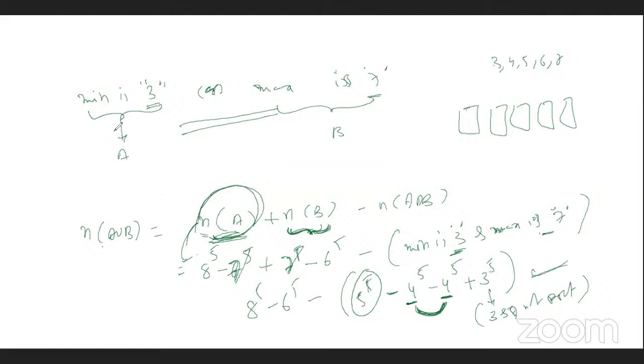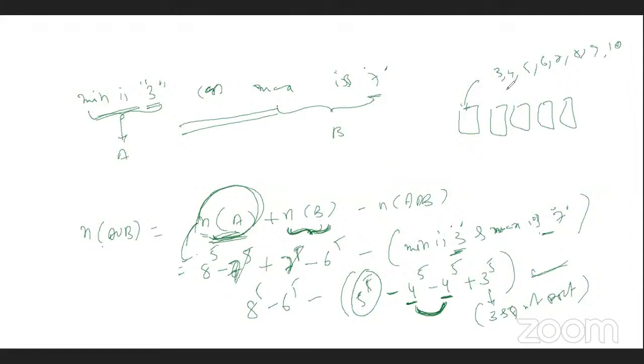What is N of A? Minimum is 3, sir. So in how many ways can we get minimum 3? What does minimum 3 mean? In all the 5 draws, the outcomes should definitely be greater than or equal to 3. What are the possibilities for this? 8, because 3 to 10.